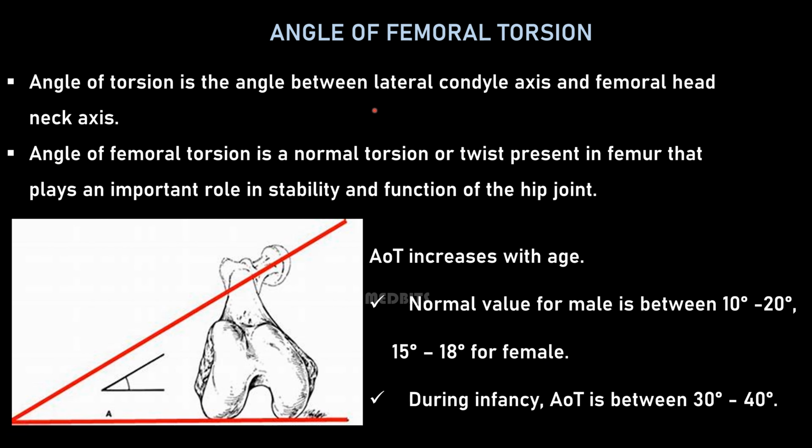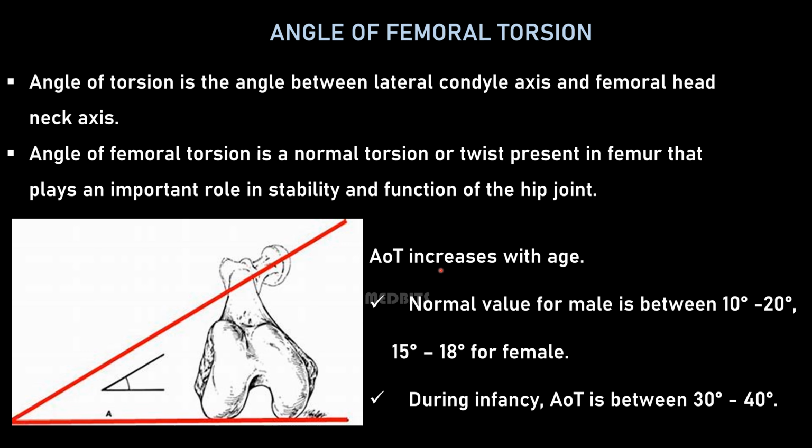Angle of femoral torsion. Femoral torsion is the angle between the lateral condyle axis and the femoral head neck axis. It is a normal torsion or twist present in the femur that plays an important role in stability and function of the hip joint.